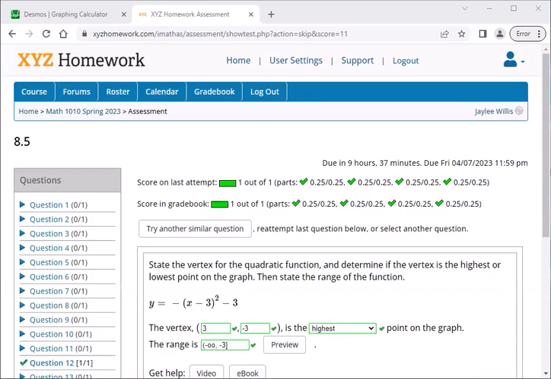If x is 1, that'd be -4, but then -4 to the second power is positive 16. And then positive 16 times 1/4 would give you 4, and then 4 minus 2 would give us a positive 2.